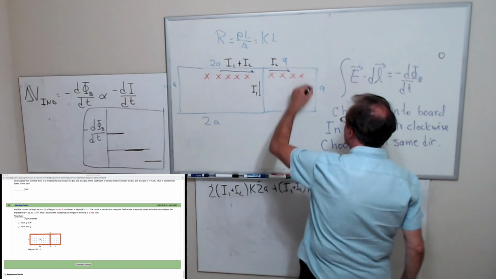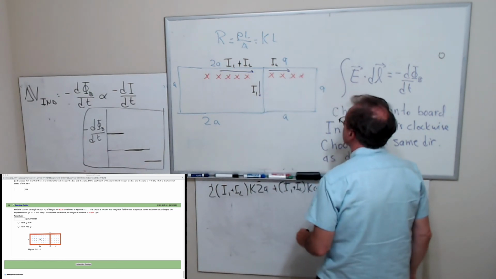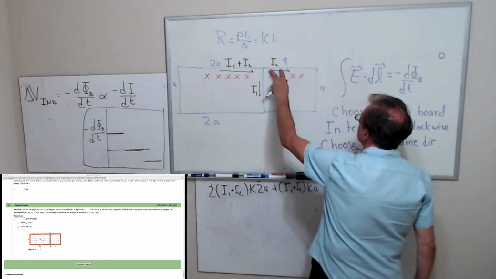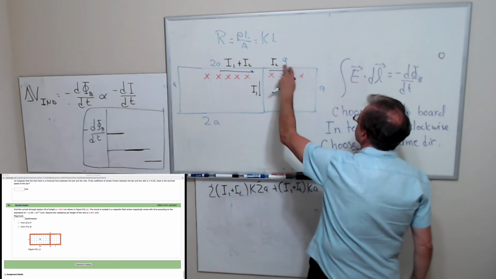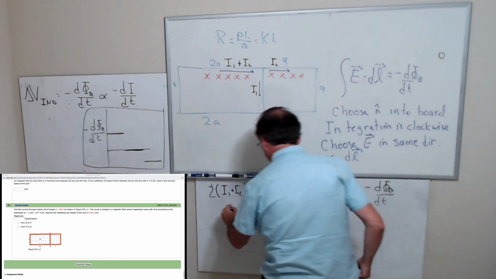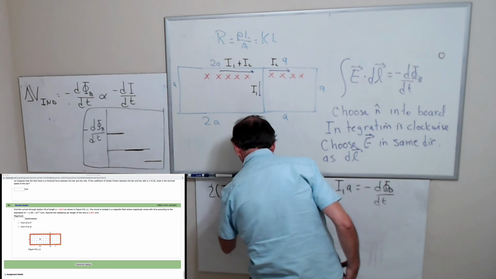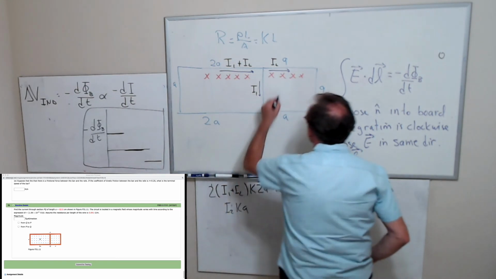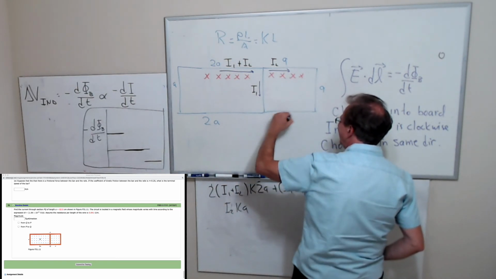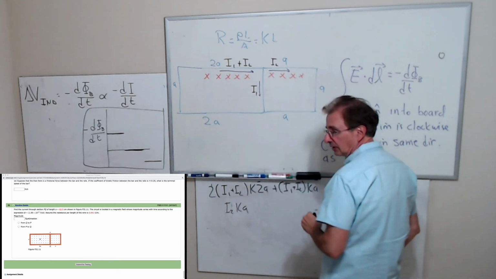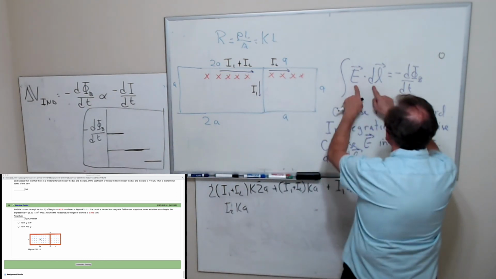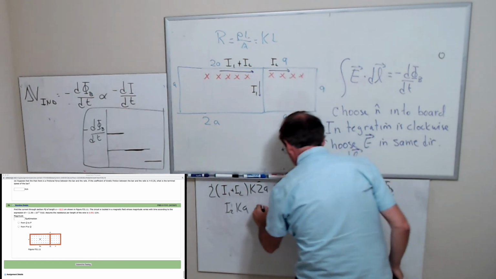I'm going to integrate clockwise. So here, when I integrate clockwise, I have I2 times a constant times A. And then I go around here, I'm going against the direction of the electric field, meaning that this dot product is going to give you a negative number.